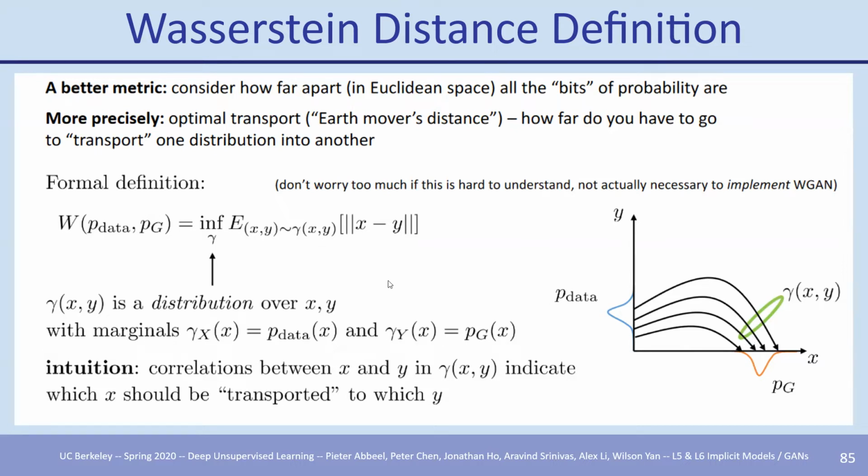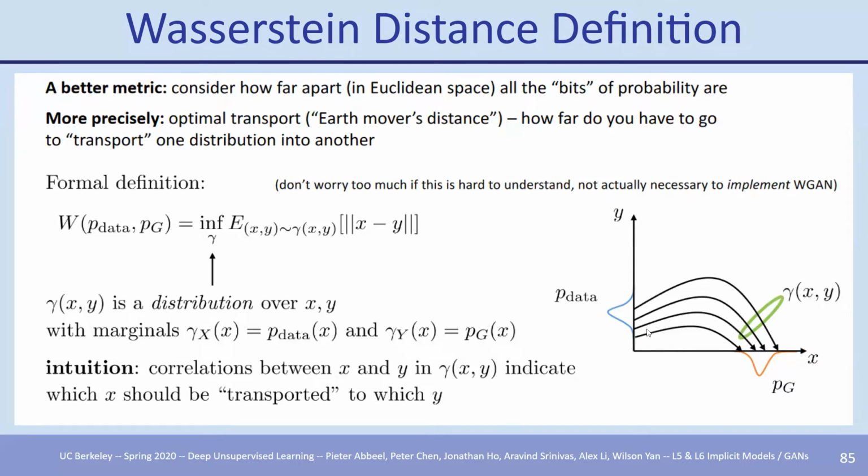So it's hypothetical. It doesn't show you how to make it, but let's look at all of these functions where the marginal on one side is p data and the other side is pg.